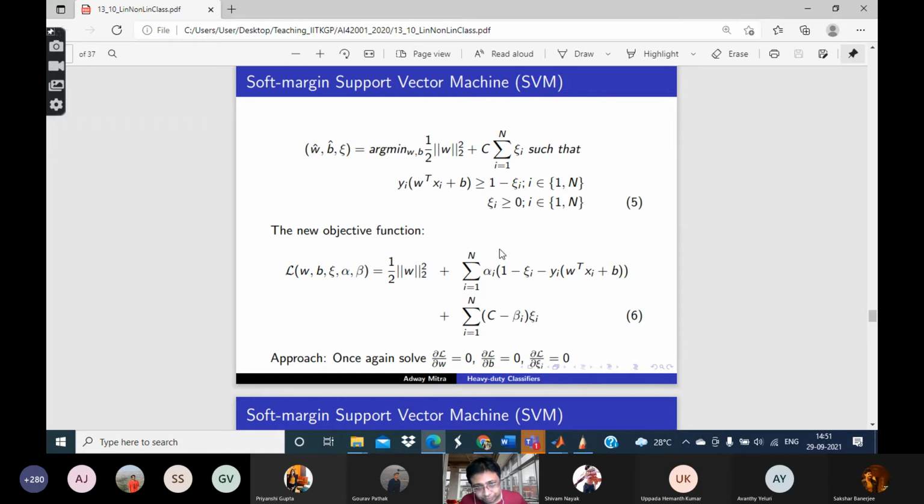For these n inequalities, I will get n Lagrangian multipliers which I will call alpha_i, and for these n inequalities I will get another set of Lagrangian multipliers which I will call beta_i.